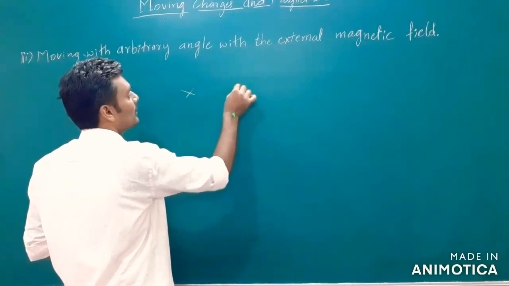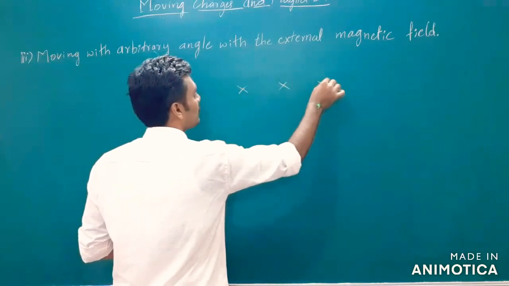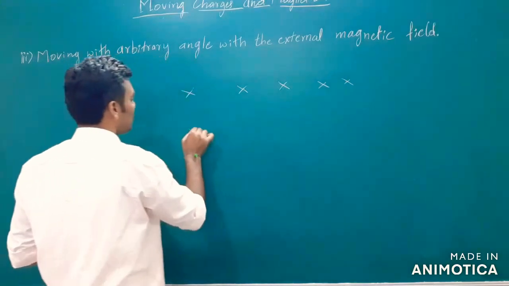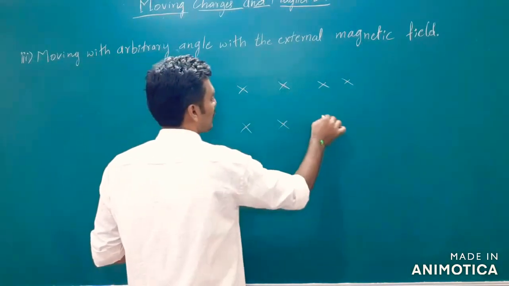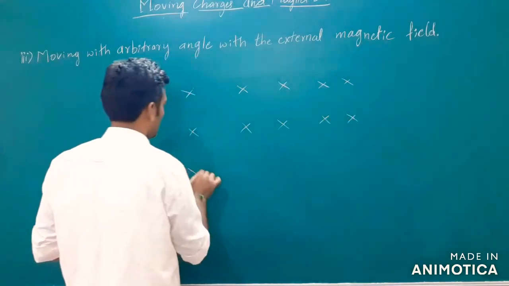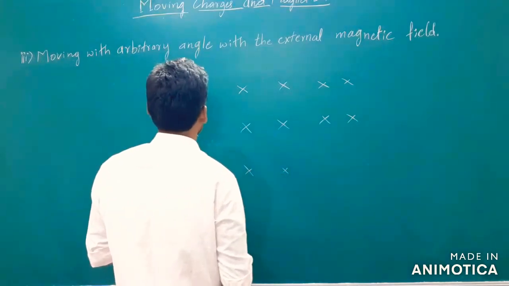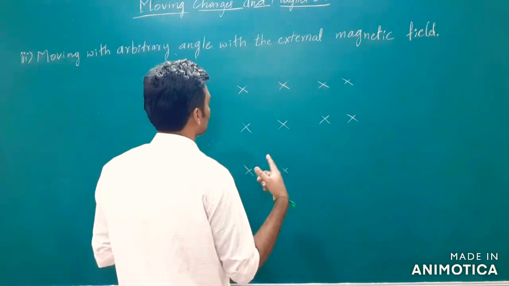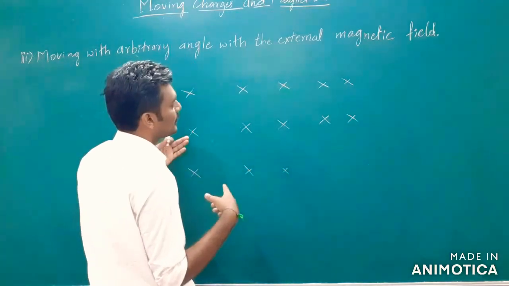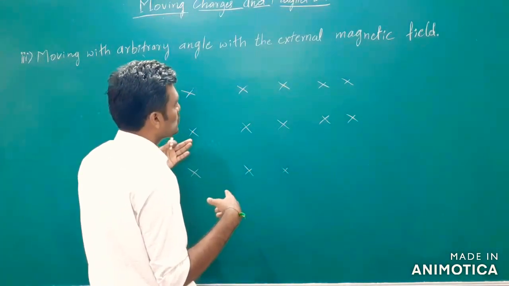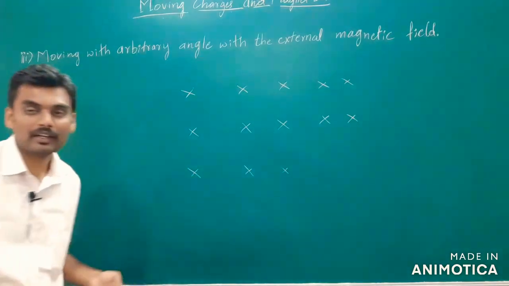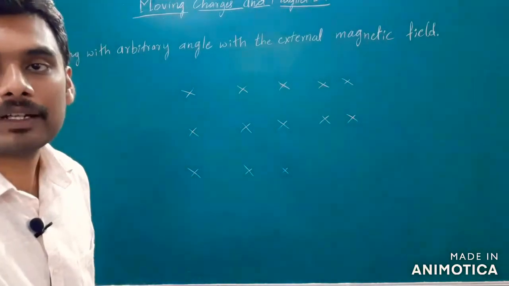So assume that again you have a magnetic field set like this. I should throw the body into it. Just a minute, let me decide the direction of the magnetic field.